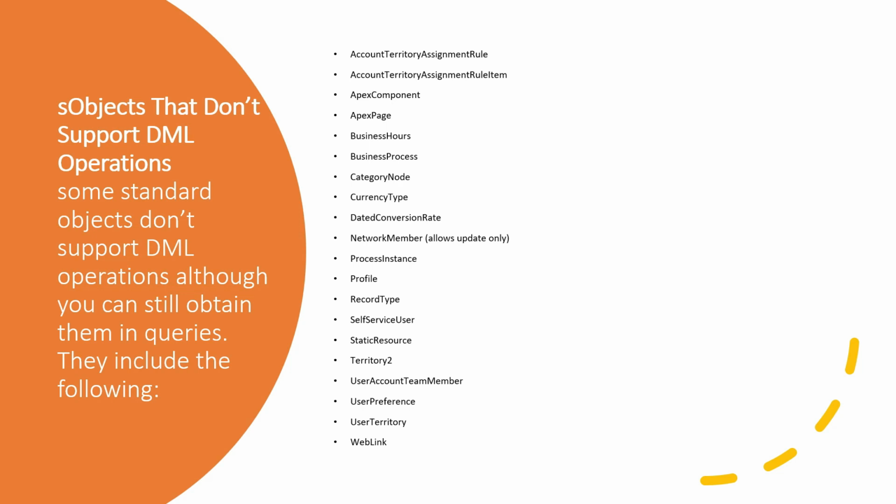So there are some sObjects that we cannot perform DML operation on. The sObjects are AccountTerritoryAssignmentRule, AccountTerritoryAssignmentRuleItem, ApexComponent, ApexPage, BusinessHours, BusinessProcess, CategoryNode, CurrencyType, DatedConversionRate, NetworkMember, ProcessInstance, Profile, RecordType, SelfServiceUser, StaticResource, Territory2, User, AccountTeamMember, UserPreference, UserTerritory, WebLink. So we cannot perform DML operation on these objects in our Apex code.